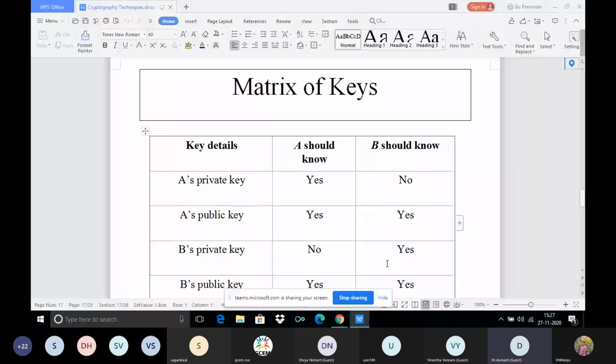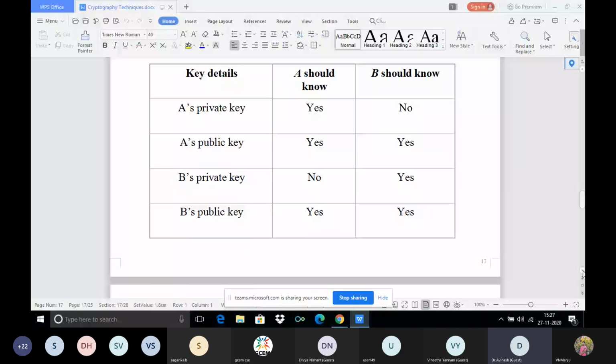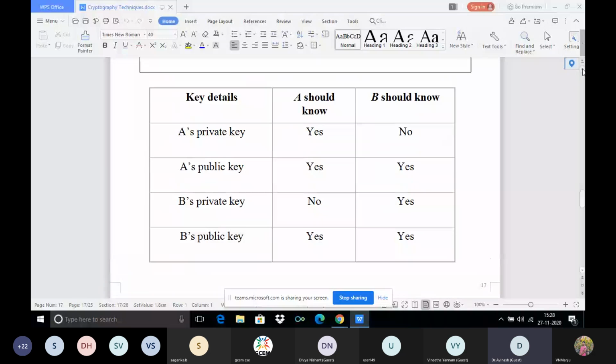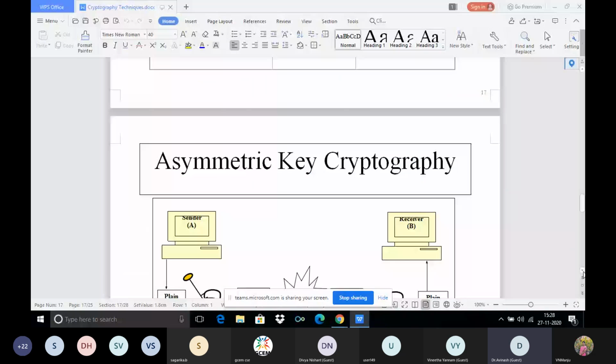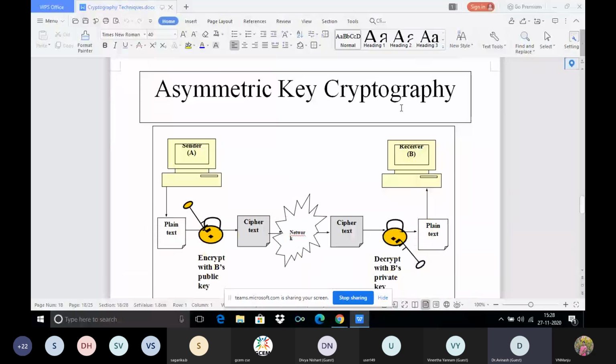And when it is B's public key, then both should know, that is B is mentioned as yes and A is also mentioned as yes. So this is the matrix of keys which is generated for both A and B in the asymmetric key cryptography generation method.